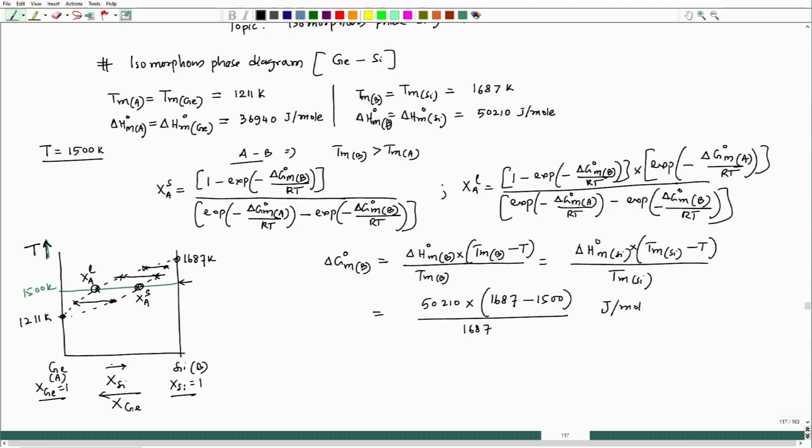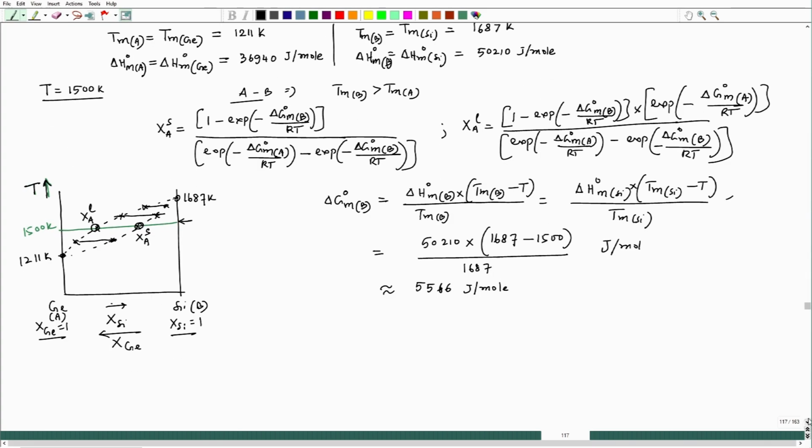Now, if you recall, we proved this particular formula using a state variable, enthalpy change for solid and liquid, in earlier lectures. If you do the calculation, you will see that this would become 5566 joule per mole.